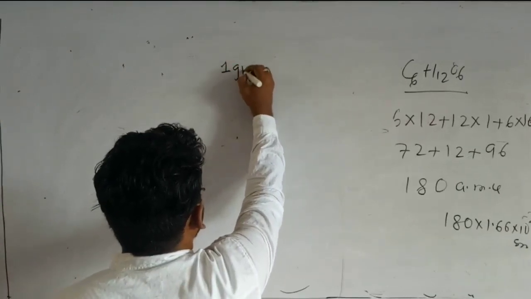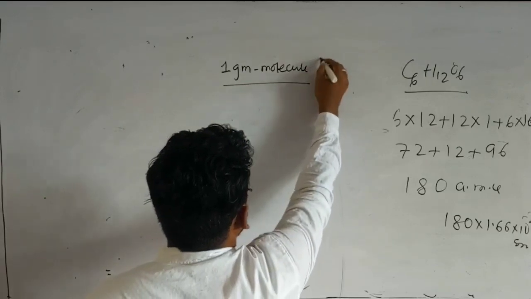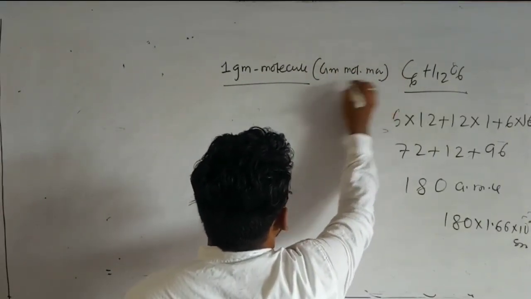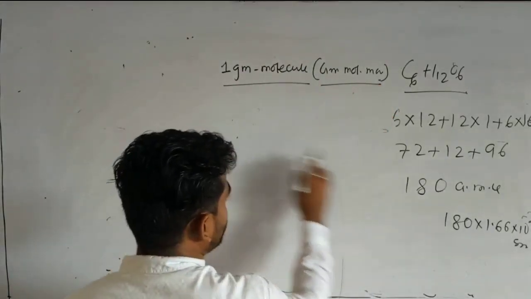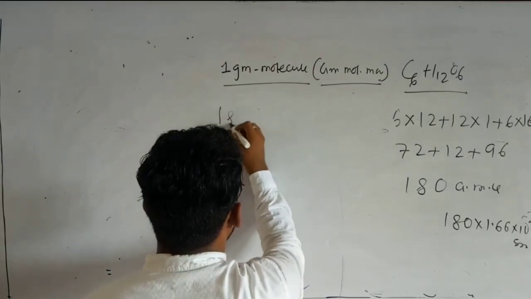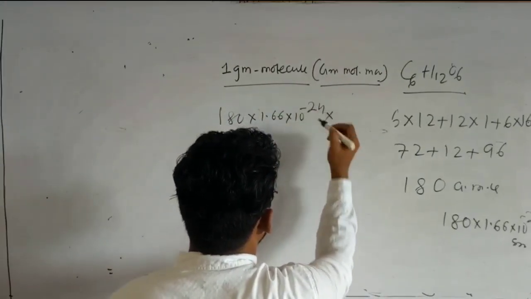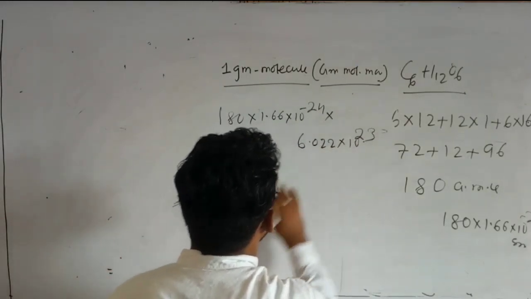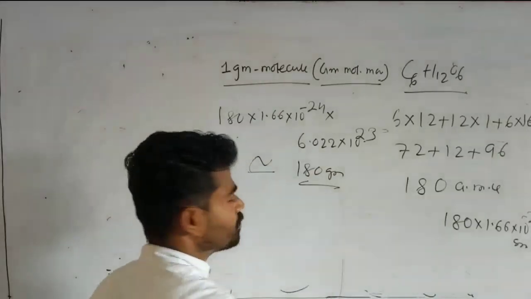That is called 1 gram molecule, or gram molar mass. In case of glucose, that will be 180 into 1.66 into 10 to the power minus 24 into 6.022 into 10 to the power 23, which is nothing but 180 gram.